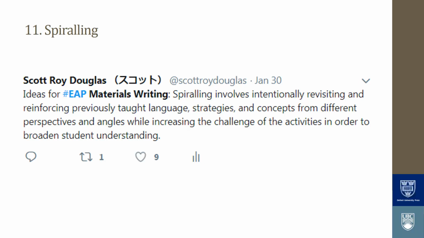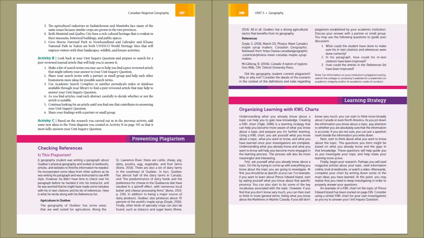An example might be when you're looking at something like plagiarism. You might introduce the concept of plagiarism to students and start off by saying, okay, this is an example of plagiarism, and here are some details about that. And there are consequences if you do these kinds of things.